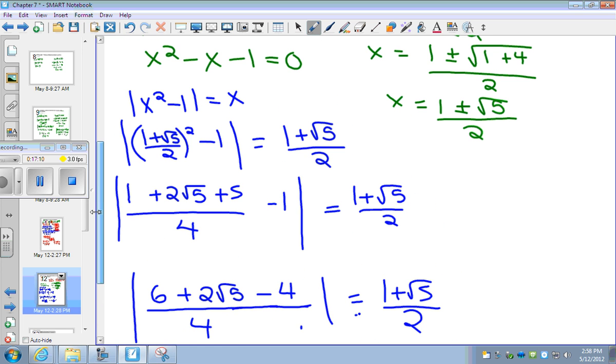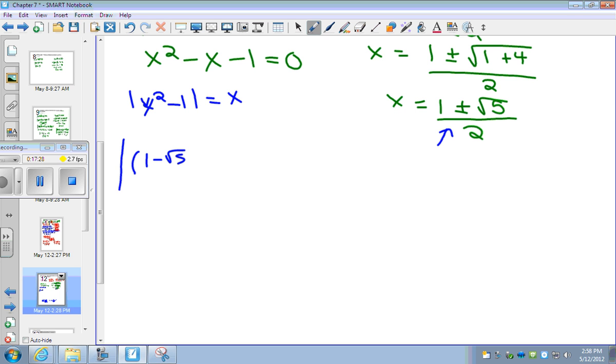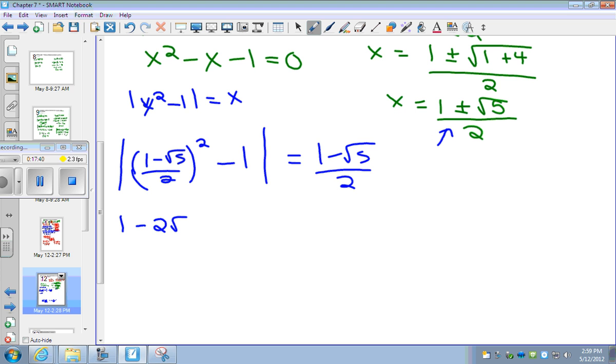Okay, let's try the same thing with 1 minus root 5 over 2. Okay, we have 1 minus root 5 over 2, all squared, minus 1. Is that equal to 1 minus root 5 over 2? Okay, squaring this, I get 1 minus 2 root 5 plus 5 all over 4 minus 4 over 4.